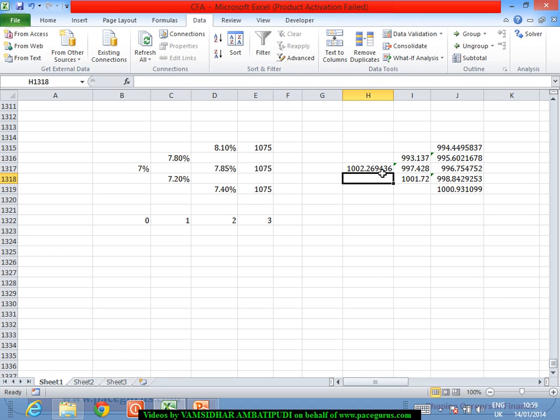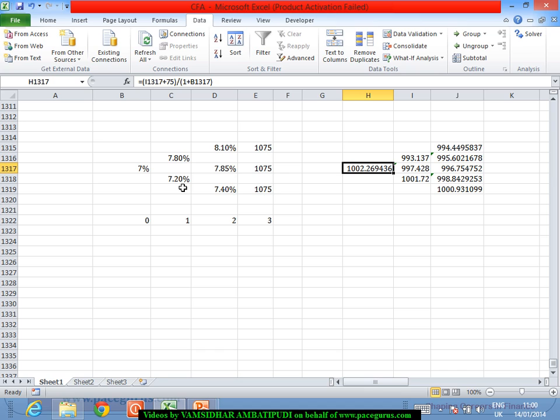So this bond is going to cost me 1002.26, because there is a possibility that whatever the interest rates are, this bond is going to give me. Right now the interest rates are only 7 and 7.2, but the coupon is around 7.5%.